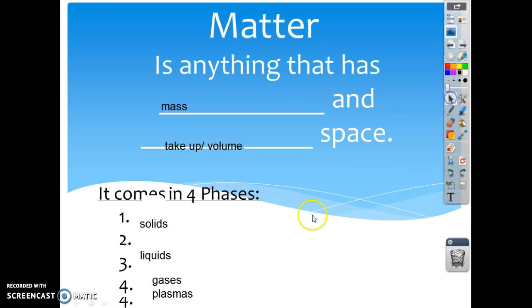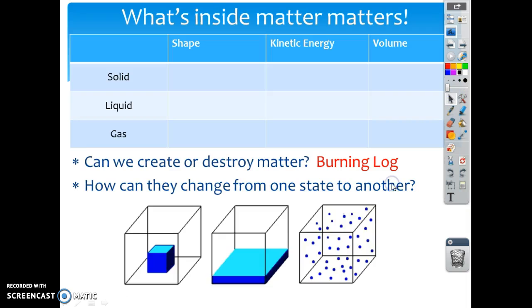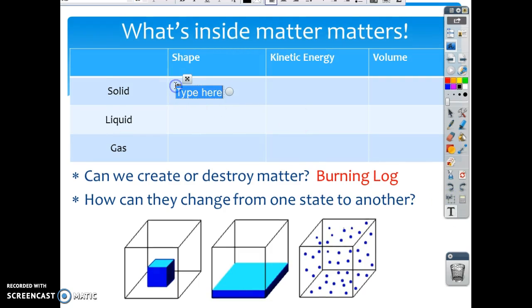Bear with me as I'm working on a computer here. Okay, so let's talk about what each one is like. First of all, we have solids. They have a definite shape. Their kinetic energy is not non-existent, okay, but it's pretty low.